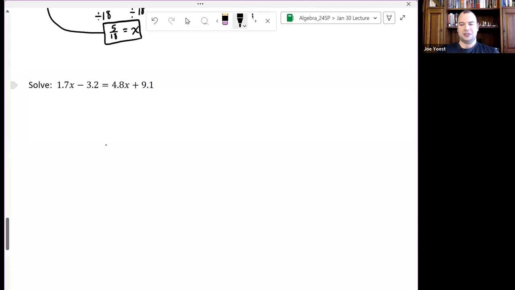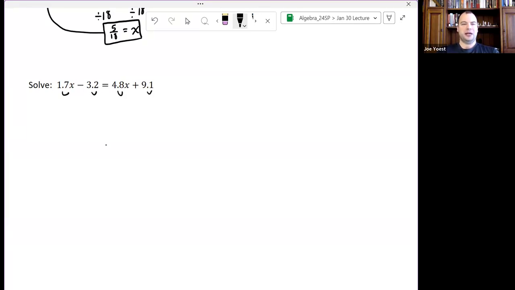But we know that a decimal is kind of like a fraction. If I want to get rid of the decimals, what can I do? Well, I want to do something like I did with fractions. I see that I have decimals that have one decimal place.